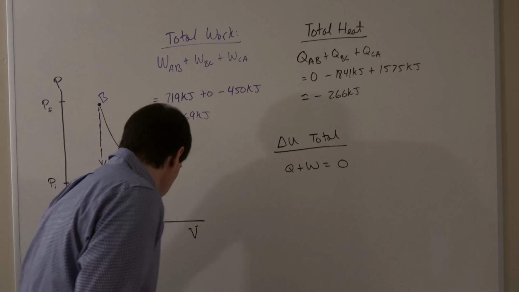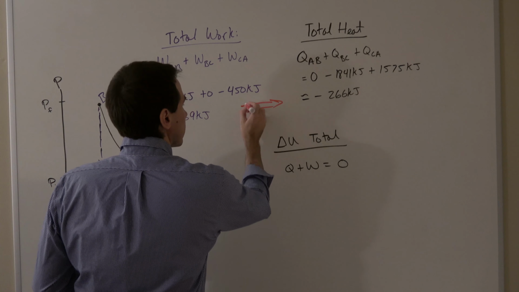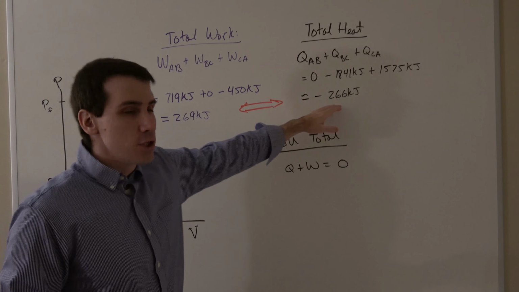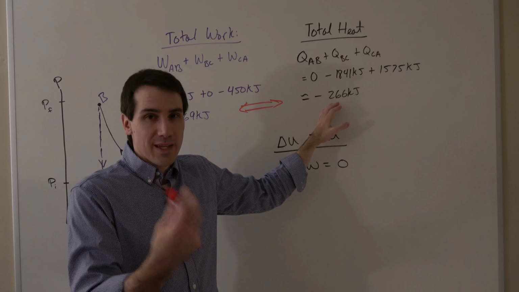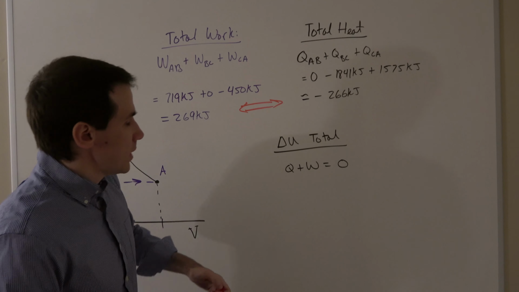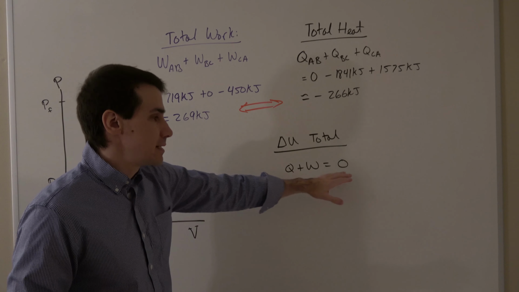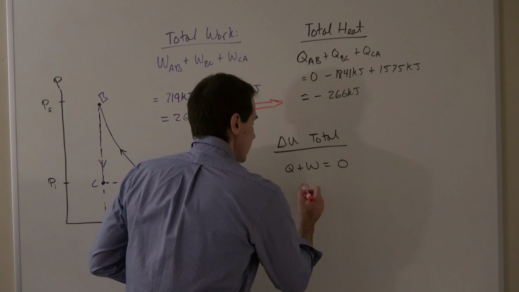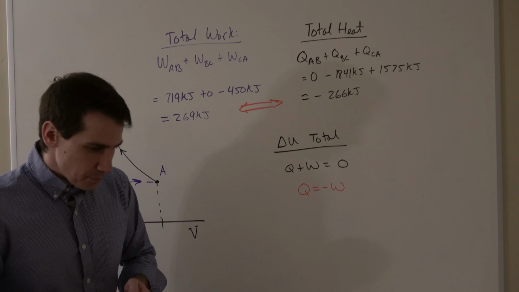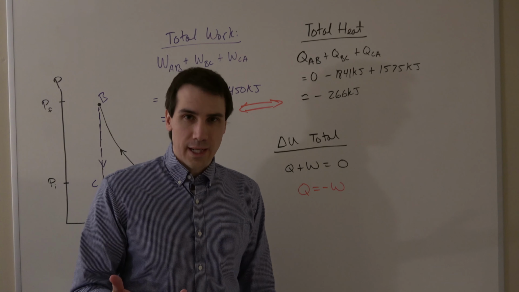So really, these two quantities, the total work done by the system should be exactly equal to the negative of the heat added to the system, because we need our total energy change throughout the entire cycle to be 0. That is, we need Q to be negative W. So that doesn't quite work out because of rounding in our calculations.